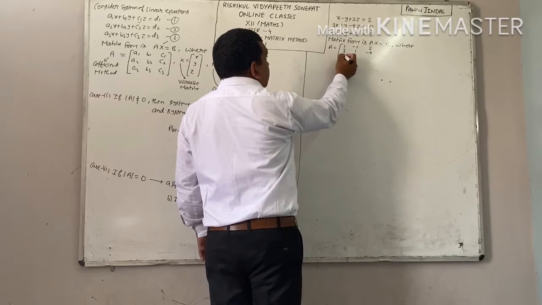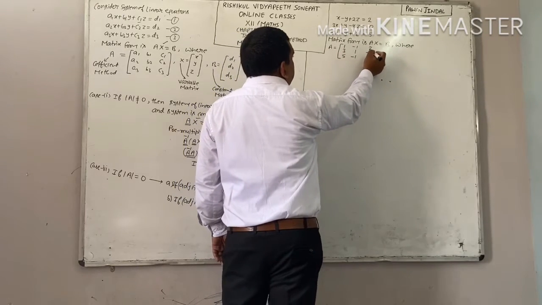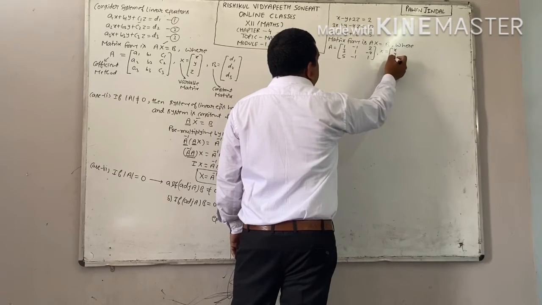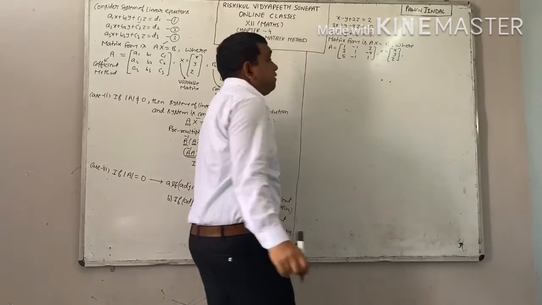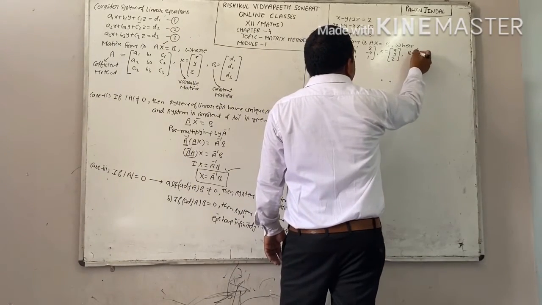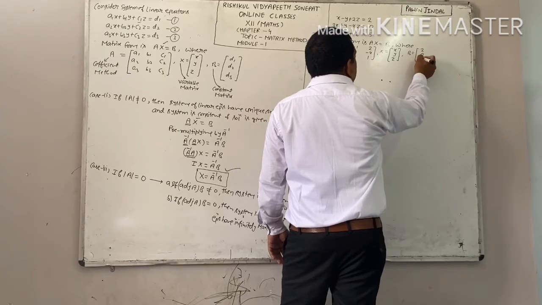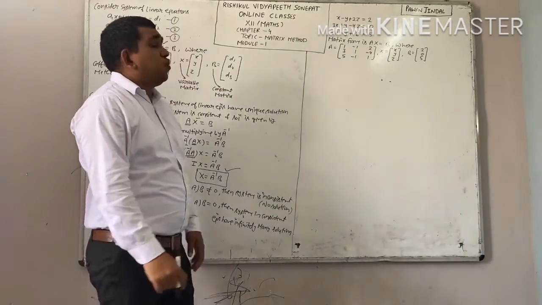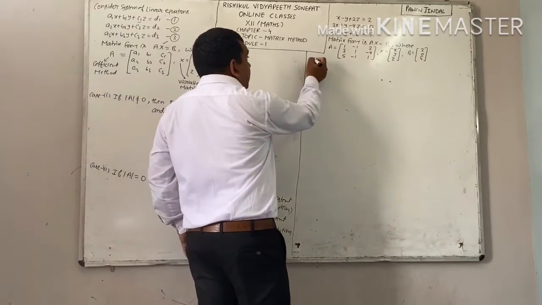Third equation 5, minus 1, 1. X is your variable matrix. Write down the variables, and variables are here x, y, z. B is your constant terms on right hand side: 2, 0, 5.